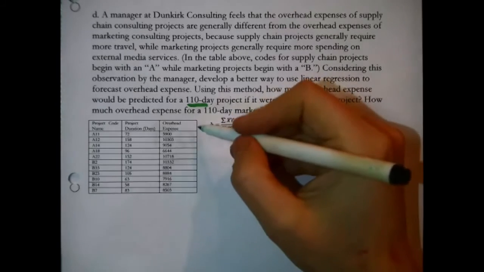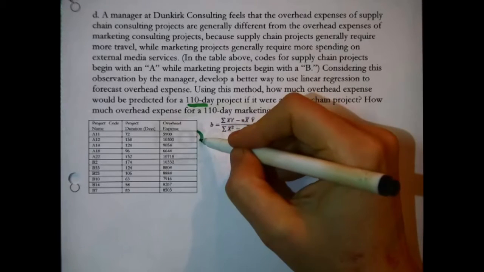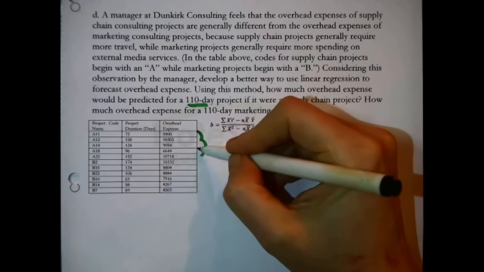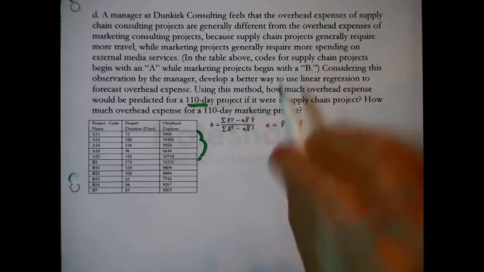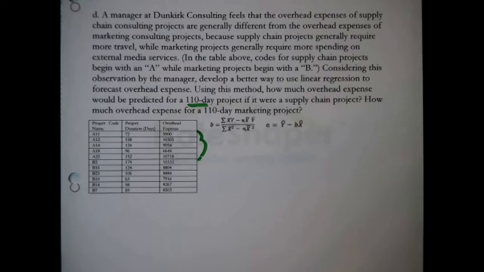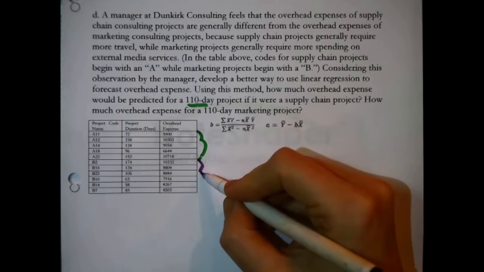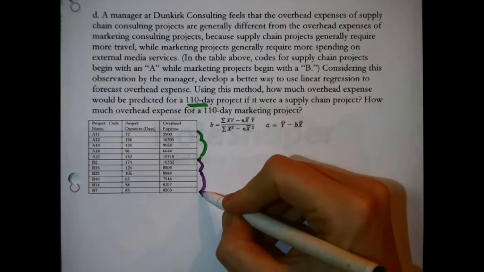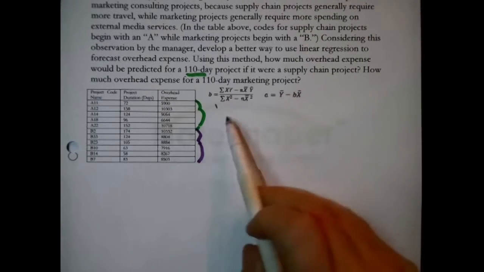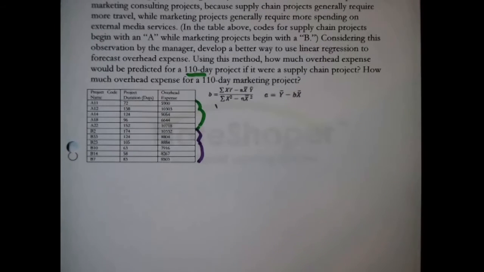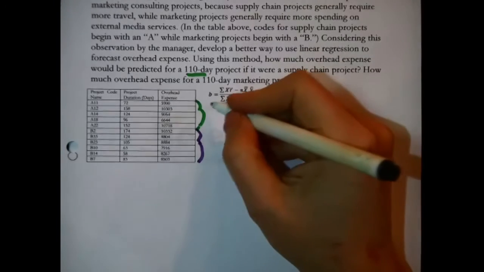The ones that begin with A are supply chain, right? The ones that begin with B are marketing. It's still a regression study, so I'm still going to need the summary statistics. Speaking of summary statistics, supply chain, that's up here.